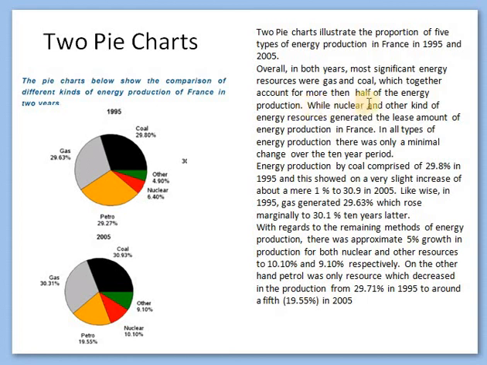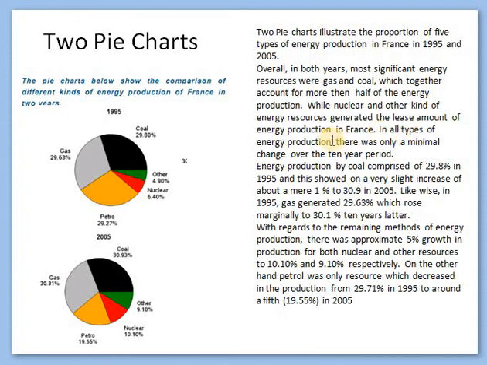While nuclear and other kinds of resources generated the least energy production in France. Nuclear is at 10% and others are 9%. Here nuclear is 6% and others 4.9%. So they produce the least amount of energy in France.